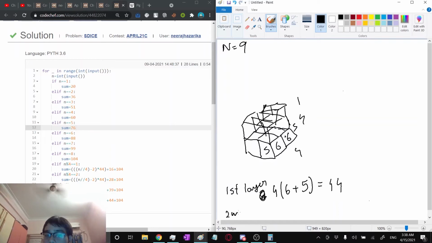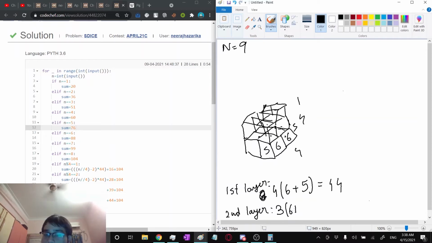Then in the second layer, we don't have the same situation. What we have is, for 3 dice, the upper pips are also visible. So for these 3 dice, it would be the 3 highest numbers.